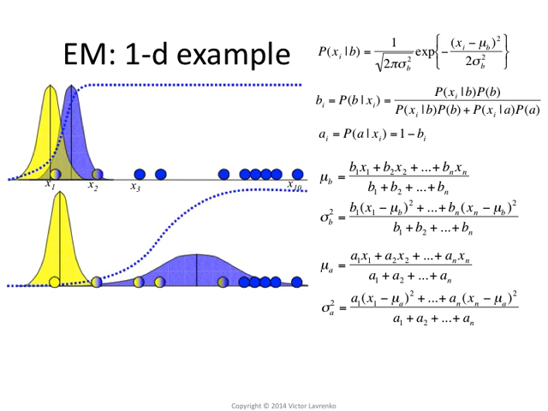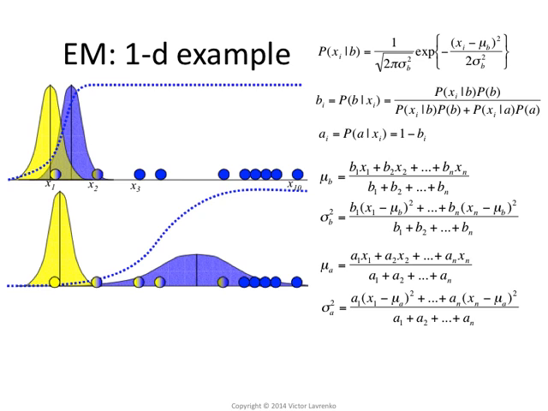And the yellow Gaussian is going to remain pretty narrow because only 2 points are mildly colored yellow, x1 and x2. So the mean is going to be somewhere in between them. x1 is a lot more yellow than x2. And the variance is going to be pretty small because it's not trying to cover any of those other points. It's just trying to cover points x1 and x2. So the result might look like that.